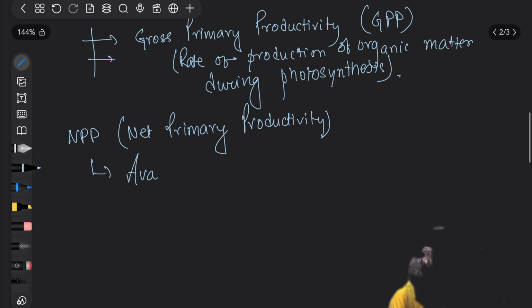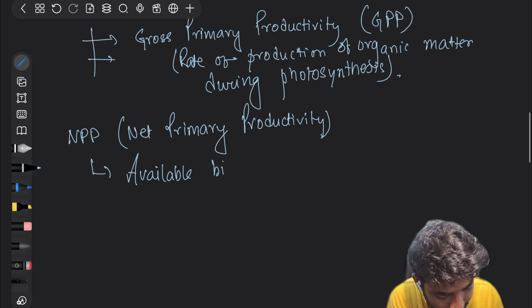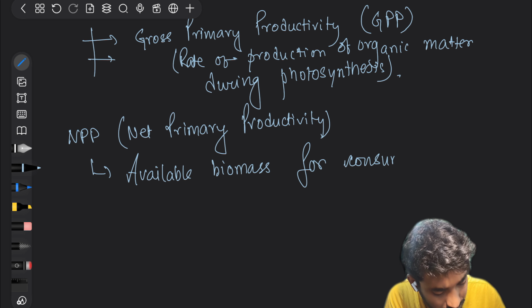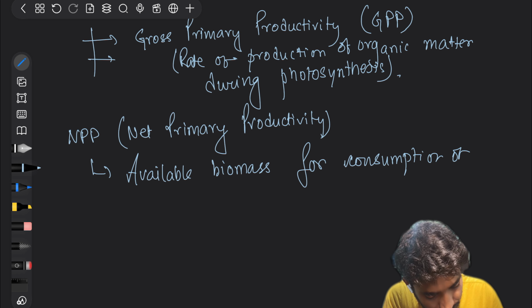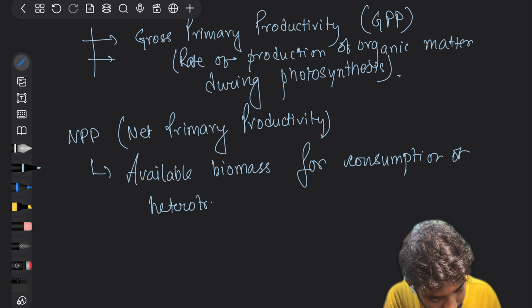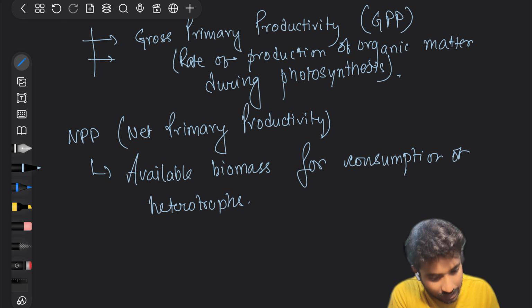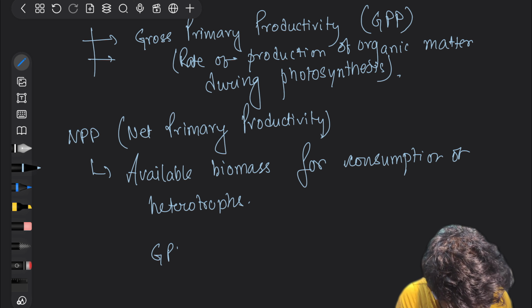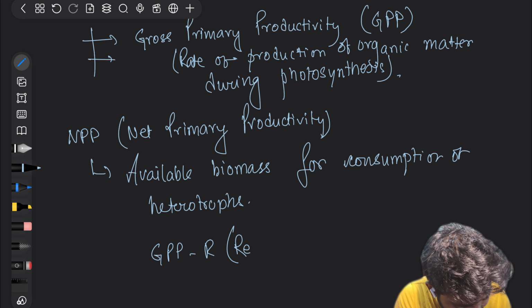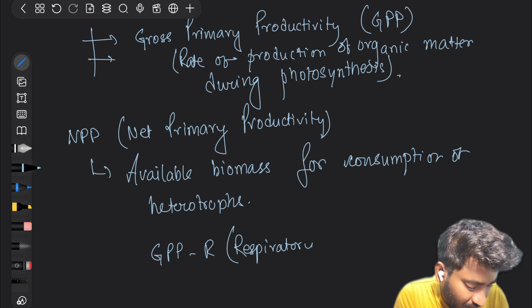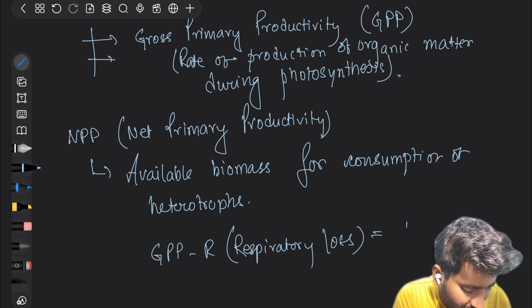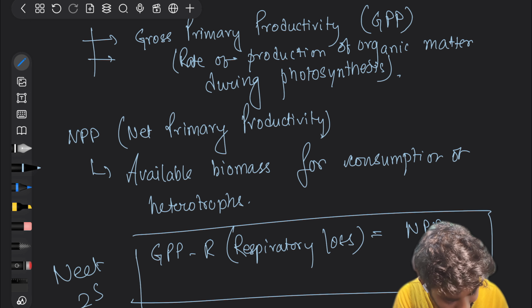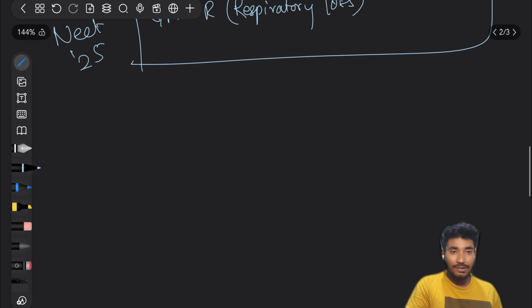It is the available biomass for consumption of heterotrophs. A question comes in the NEET examination: GPP minus respiratory loss, the loss that occurs due to respiration of the plants, is called the NPP. It is a probable question for this year, it may come in NEET 25.